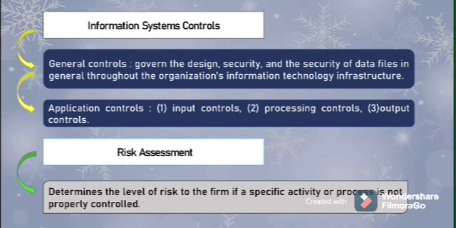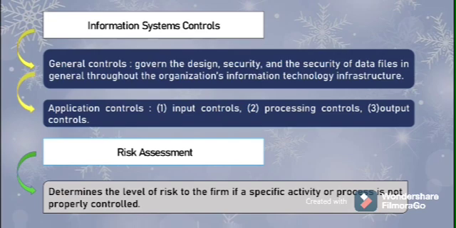General controls include software controls, physical hardware controls, computer operations controls, data security controls, controls over the system development process, and administrative controls. Okay, for application controls, these are specific controls unique to each computerized application, such as payroll or order processing.